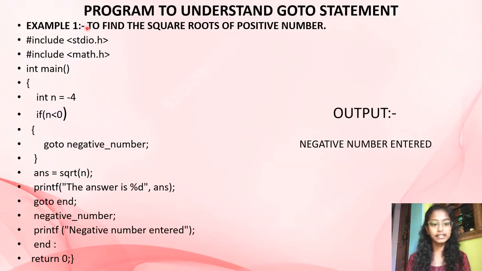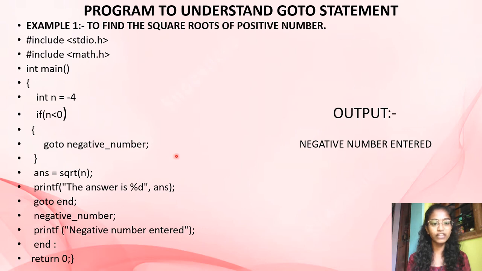And the next, let us discuss some examples to understand the goto statement. Example: program to find the square root of a positive number. #include <stdio.h>, #include <math.h>. Here we use int main. First, we have to initialize the variable whose square root is to be found. Here, int n = -4. The condition is if n is less than 0, goto negative number.